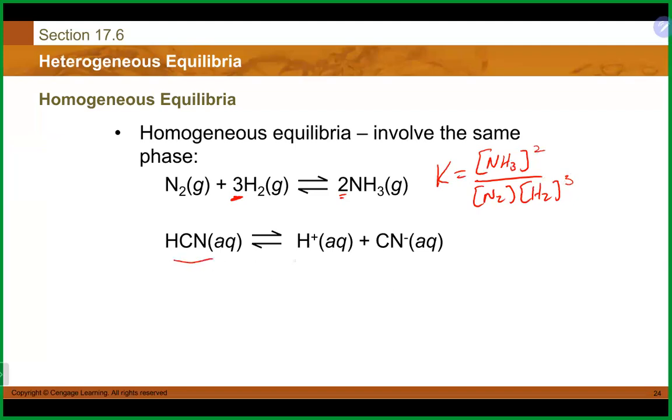Here, we also have all aqueous, which means if we were to write our K, it would be the concentration of H plus, CN minus, and HCN in this case here.